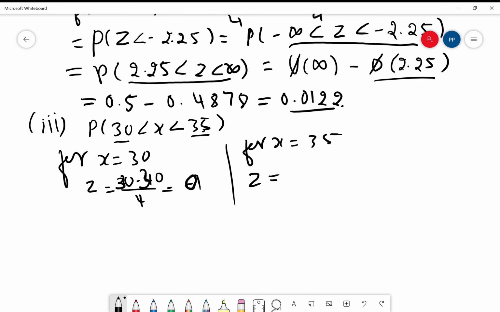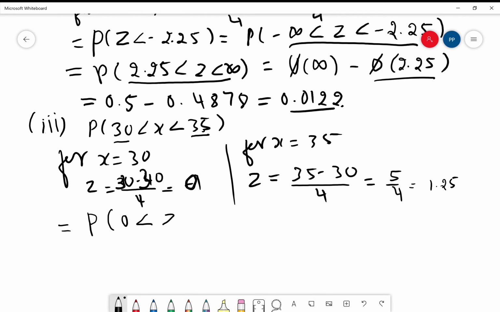For 35, z equals 35 minus 30 by 4, which is 5 by 4, which is 1.25. Therefore, this becomes P of 0 less than z less than 1.25.